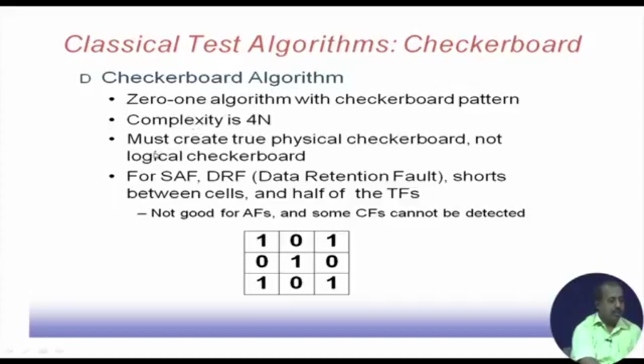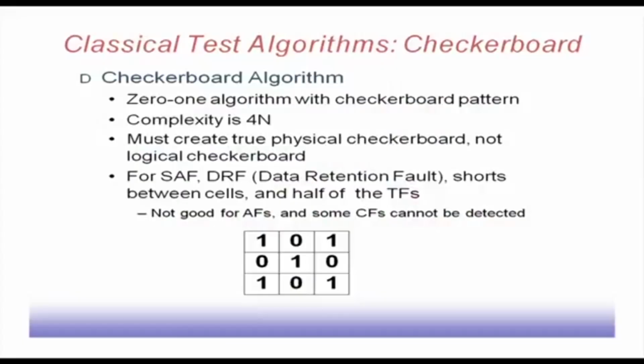This point is important. It says that you must create a true physical checkerboard, not a logical checkerboard. If we have a memory of say 1024 locations, you can break it into a 2D form in different ways.